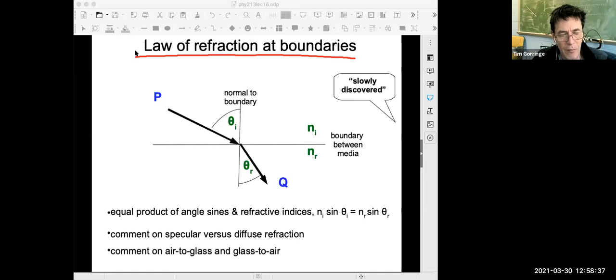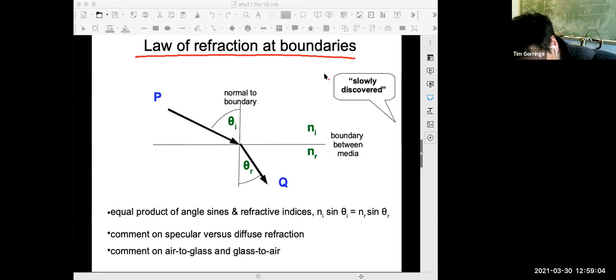So there's a much more recent history to the discovery of refraction compared to reflection. And the law of refraction is more complicated than the law of reflection. And so that's part of the reason. It also needed some mathematics to describe the law of refraction that you didn't need for the law of reflection. So that's also part of why it was a later discovery.